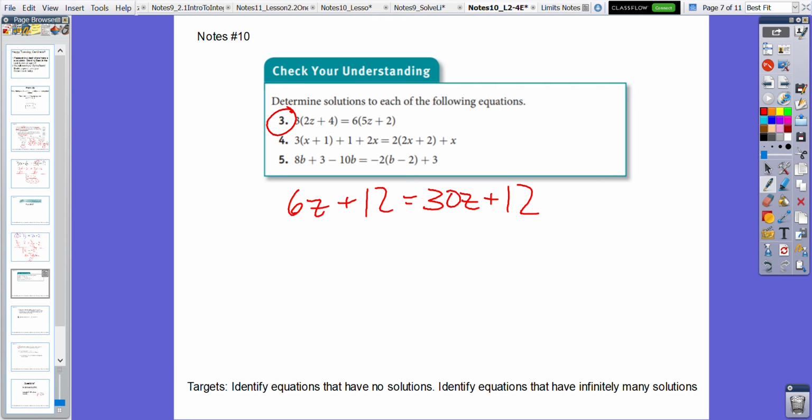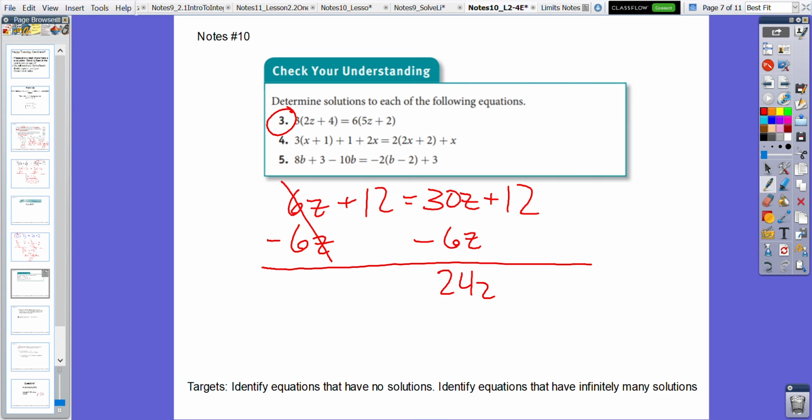I'm going to subtract 6z from both sides so I have as many positives as possible. The 6z's cancel on the left side, and 30z take away 6z leaves me with 24z plus 12 on the right side, equals 12 on the left side.